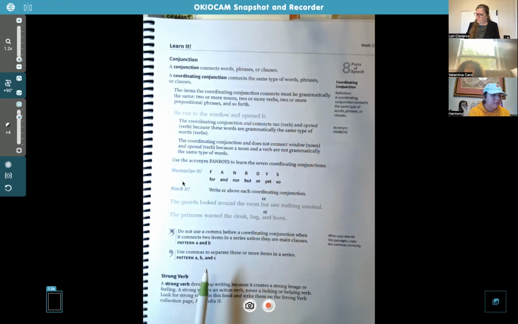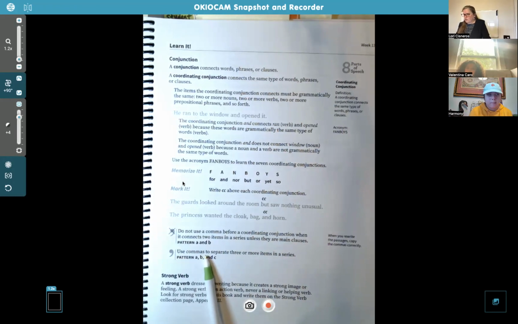So there are a couple of comma rules to remember. Do not use a comma before a coordinating conjunction when it connects 2 items in a series unless they are main clauses. And then you use commas to separate 3 or more items in a series.